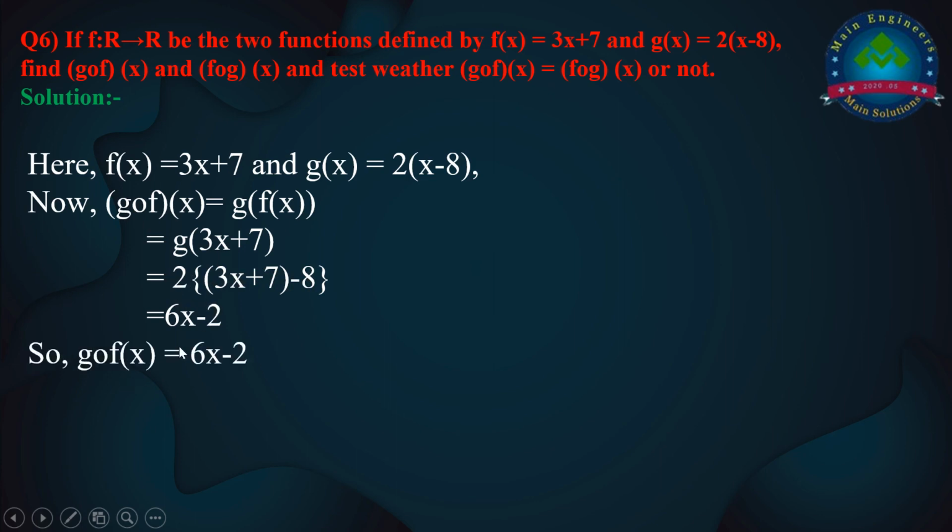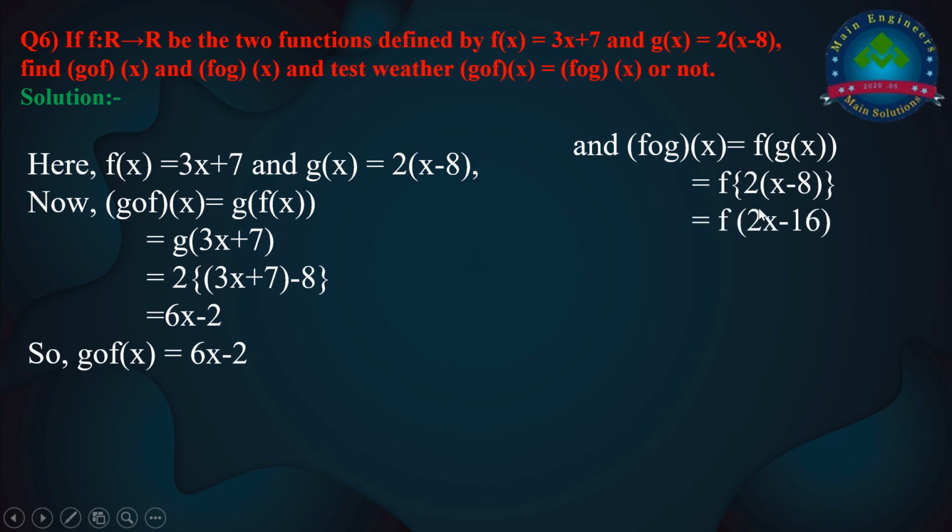So GOF of x is equal to 6x minus 2 and f of g of x is equal to f of g(x). So what is the function of g(x)? 2x minus 8. So we have to write f of 2x minus 8. Now it becomes function of f(x). So f(x) is equal to 3x plus 7. So in this equation we have to replace this x by 2x minus 8.